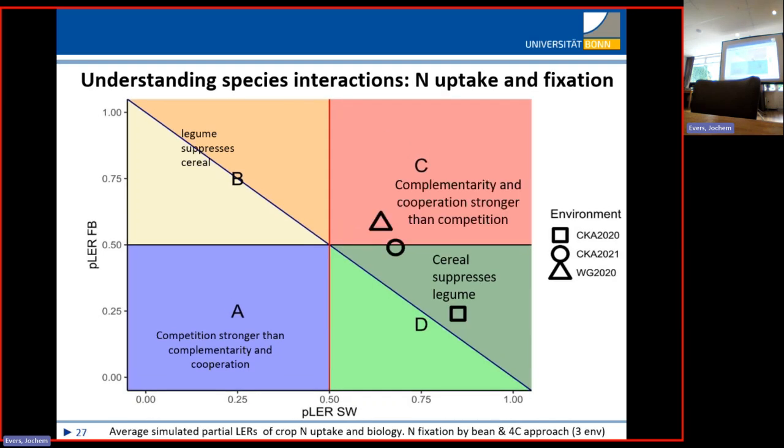Whereas if you look at N uptake plus fixation, in two environments, well, this one is maybe neutral, but here in one environment, complementarity and cooperation were stronger than the competition, which is the organic, low input side. And on that side, you have the high input side, where again the cereal suppresses the legume. So using the model data gives you a bit more information about the competition for different resources.